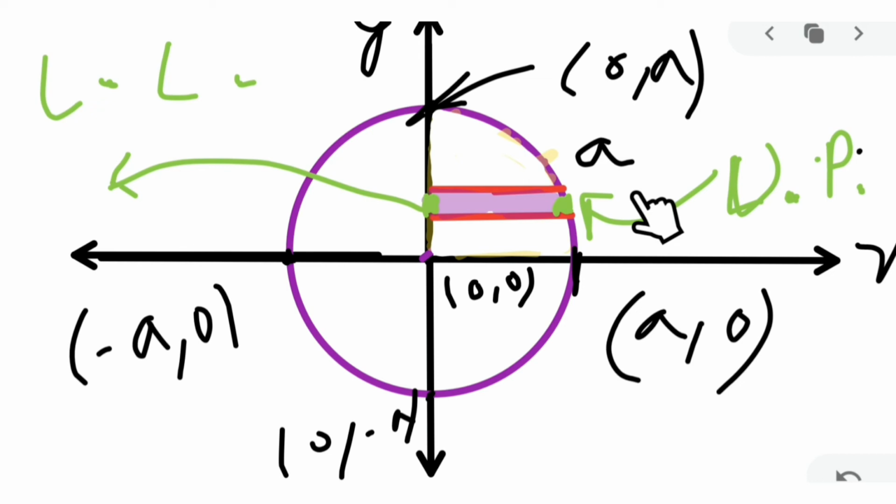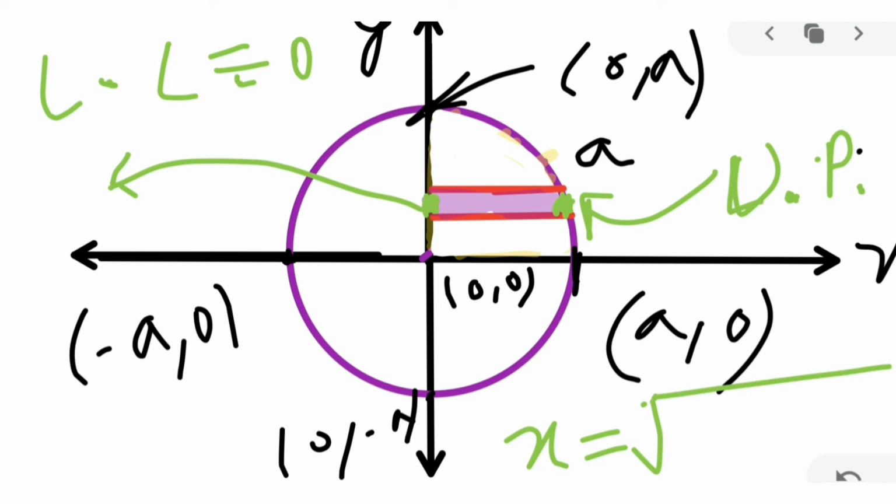So here the lower limit will be 0, we can see, and since this point is touching the circle, the upper limit of x will be root over a square minus y square, as we can put that point in the equation of the circle.